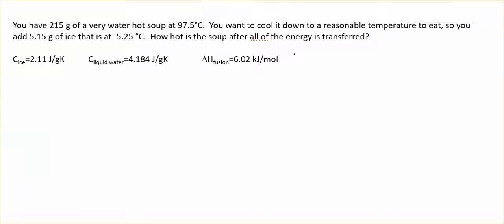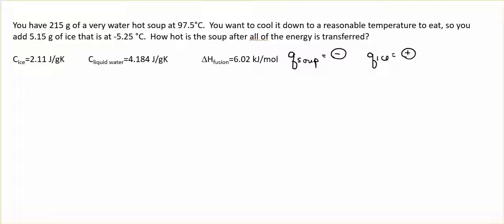What's happening is the soup is cooling off. So since the soup is cooling off, the Q of the soup is negative. It is losing energy. The Q of the ice, on the other hand, is positive because it's gaining energy. We're transferring energy from the soup to the ice.